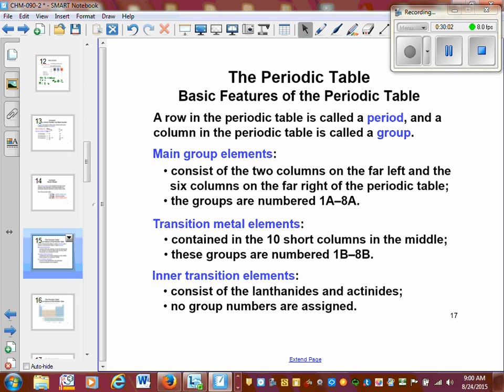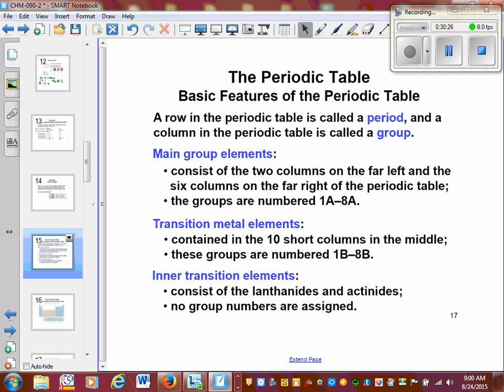If you go down to the bottom, there's those 2 rows, 6 and 7. Those are the inner transition elements. If you look at row 6, you see 57, lanthanum. And there's that little space there. The next one is 72. What comes between 57 and 72?